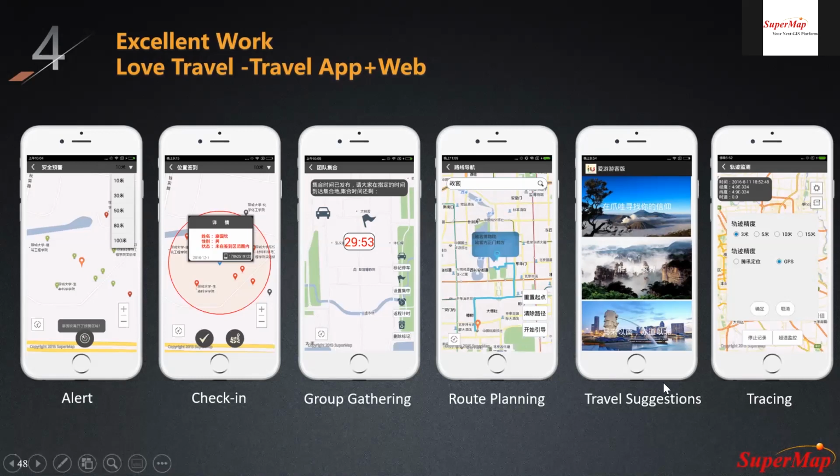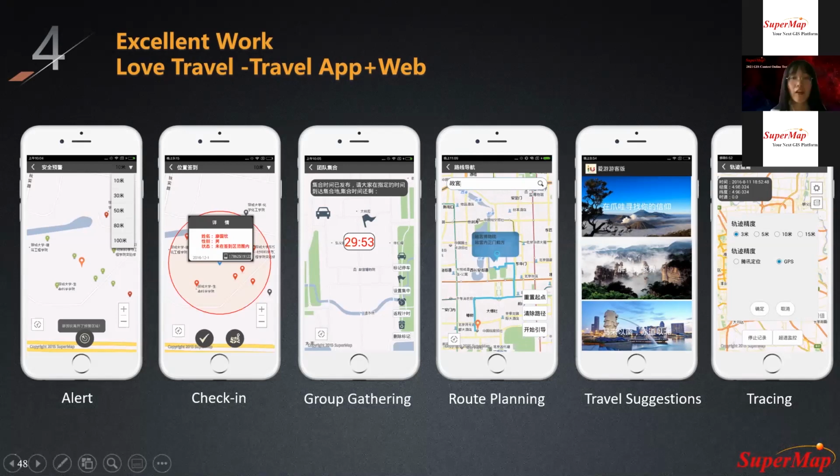And the travel suggestions will help the users to plan their travel before they go. And tracing would help those who travel together to make sure that no one in the group is going to go missing or get lost.